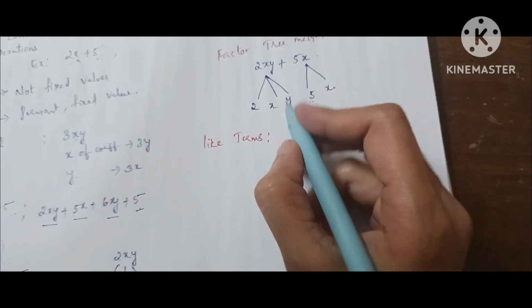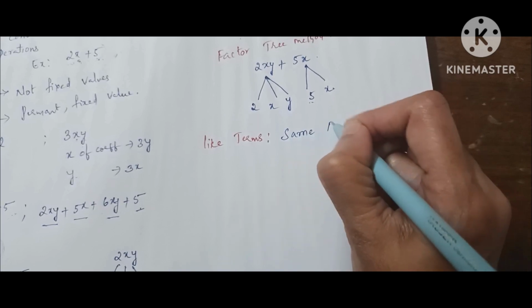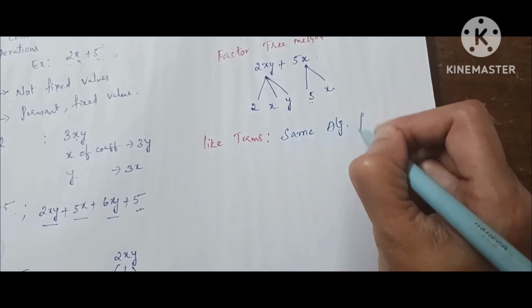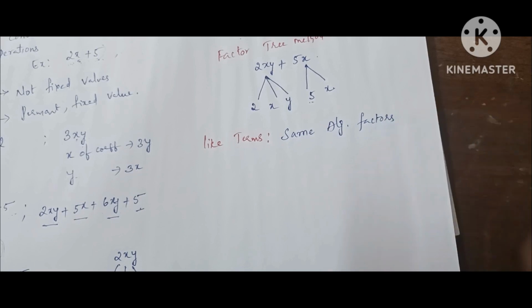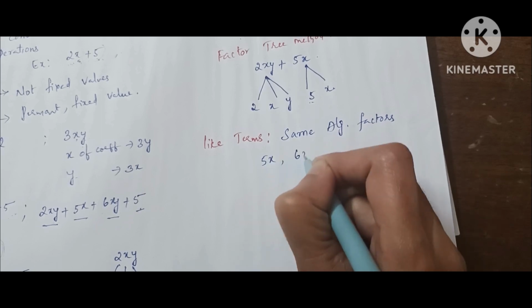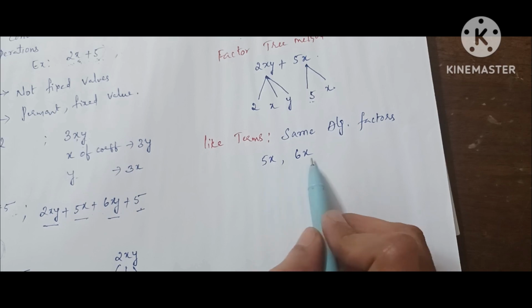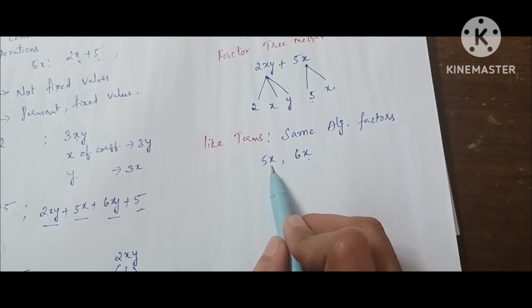Like terms are nothing but terms in our expression that have the same algebraic factors. For example, 5x and 6x. These are like terms because here the variables are the same: x and x.